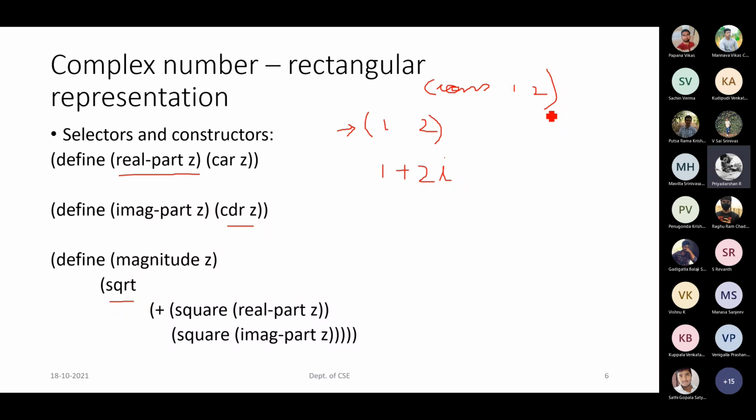Yes, ma'am. Since we are using cons, then CDR should be fine. CDR is fine. We have to think of optimizing also, right? How better way we can define it. Yes, because in a complex number, there is no way you will be having more than 2 values.